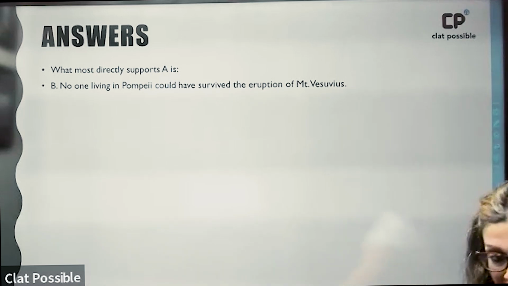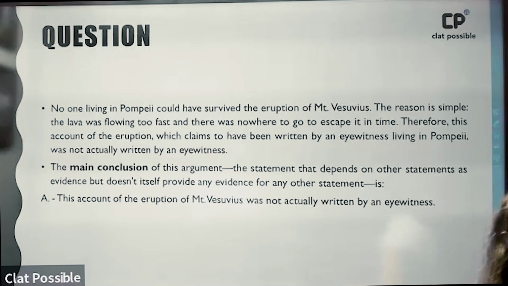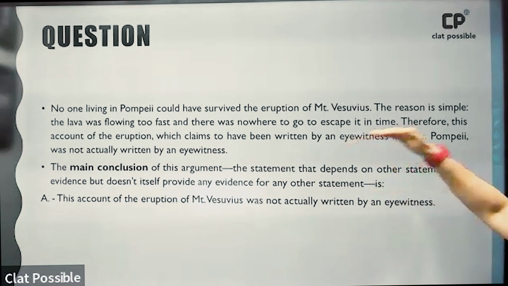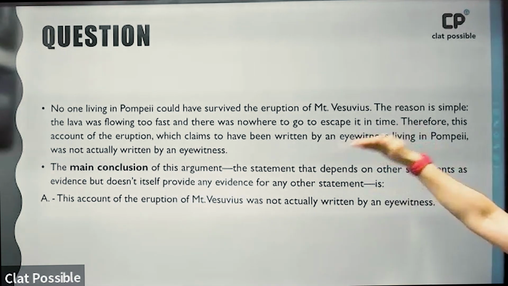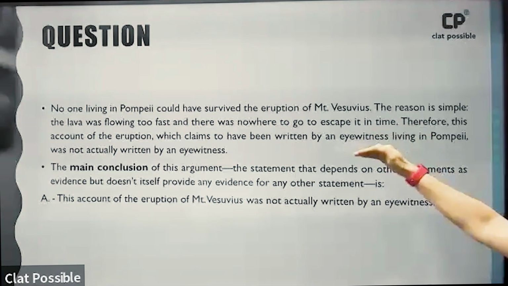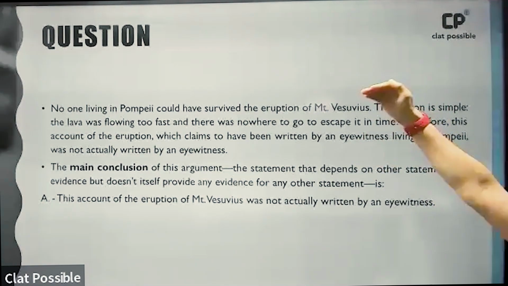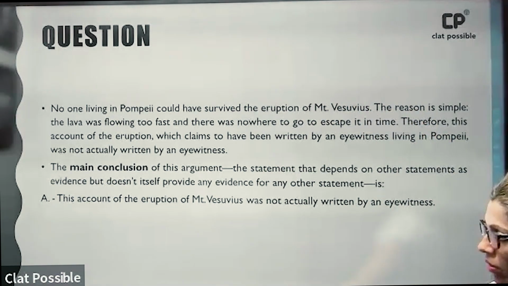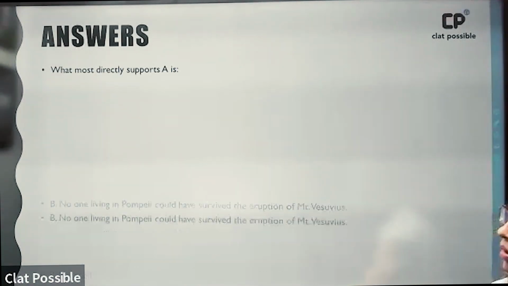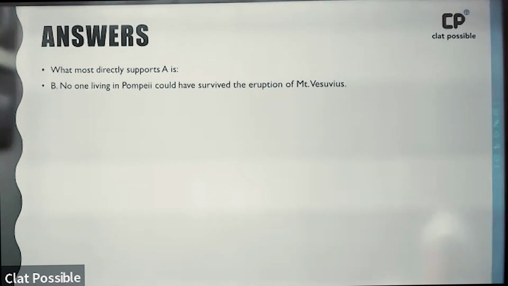That's why we are doing this session, my dear. The final or ultimate conclusion is whoever is saying that they have got a written eyewitness account is wrong. It is immediately dependent on line 1. No one could have survived it. So this is our Y and that was our Z.